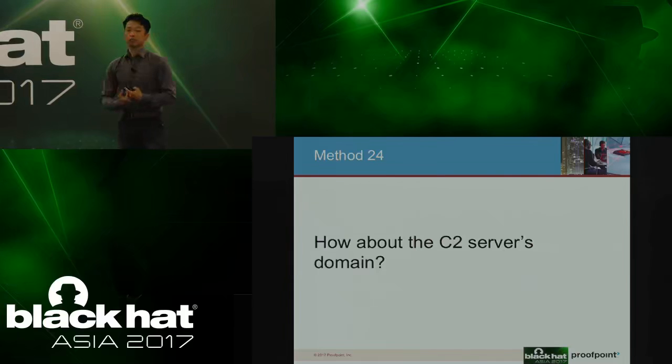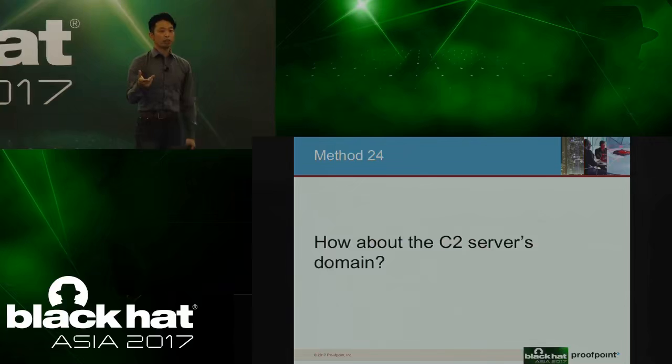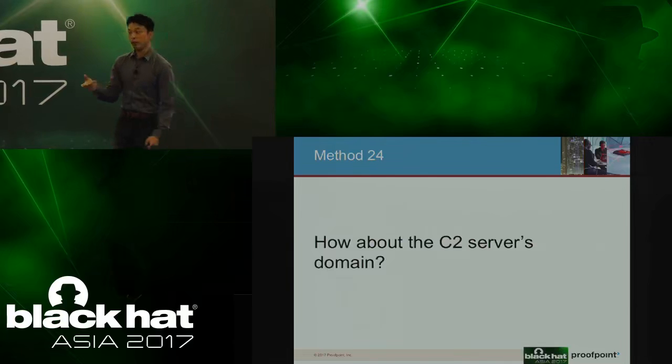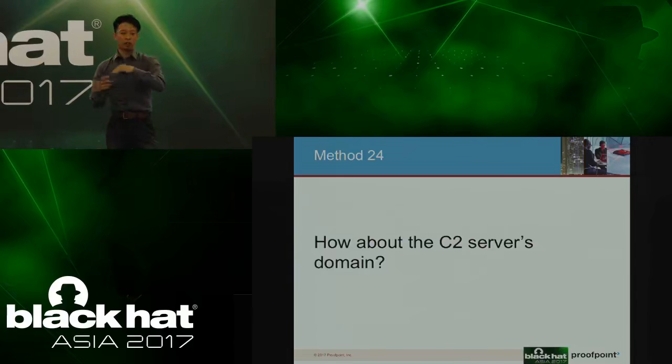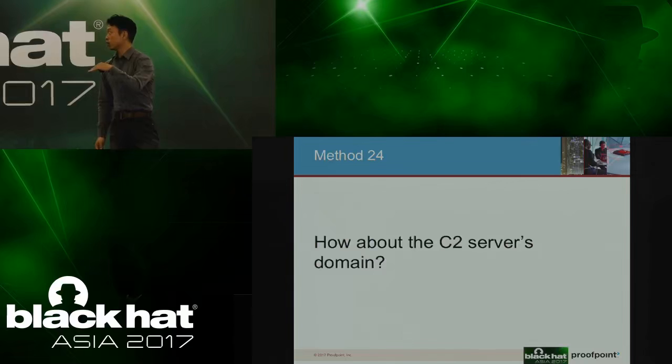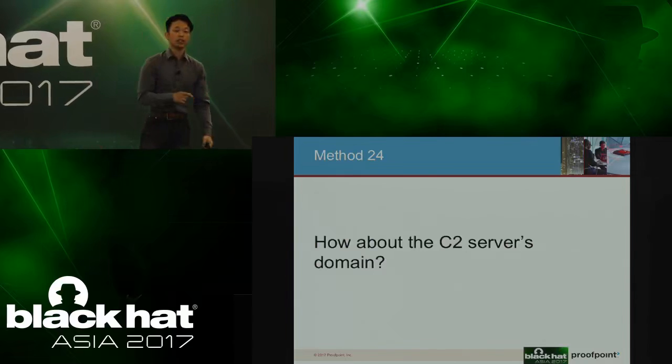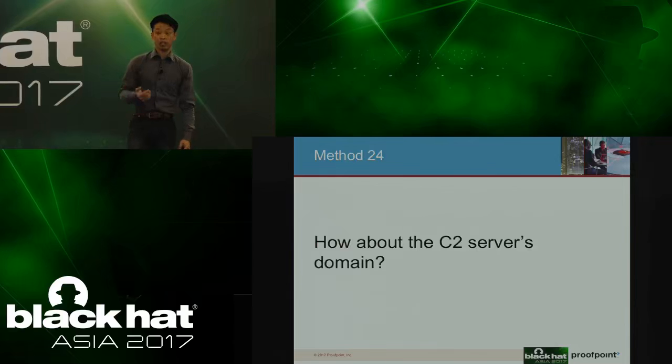So lastly, while performing all these operations against their C2 server, we have to understand that most of them place reverse proxies in front of their C2 servers, Nginx reverse proxies, right? So sometimes for correlation, for attribution purposes, we want to know what's the real domain and IP of that particular C2 server.